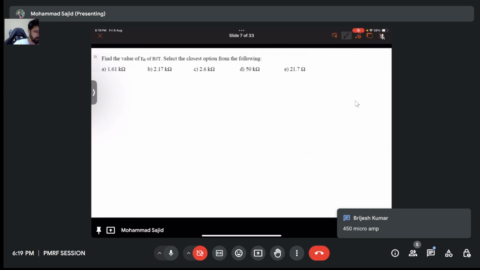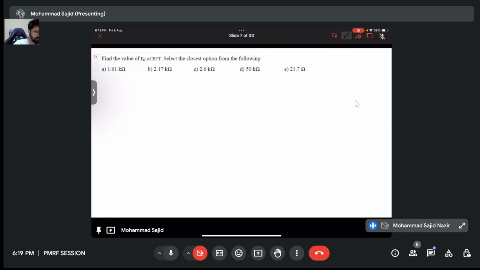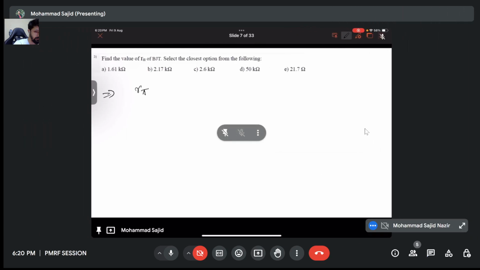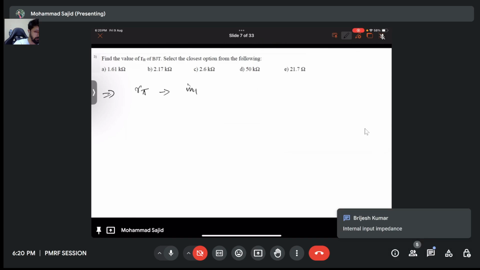Okay, so let's move to the next question. Find the value of R pi of BJT. Select the closest option from the following. What is R pi? Can you tell me what is R pi? R pi is the input impedance.